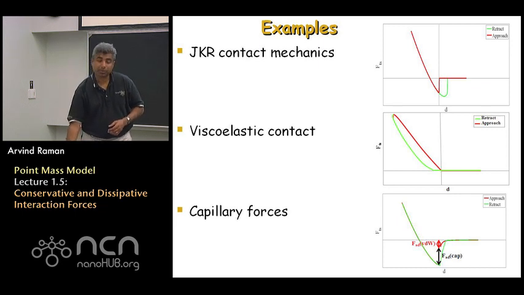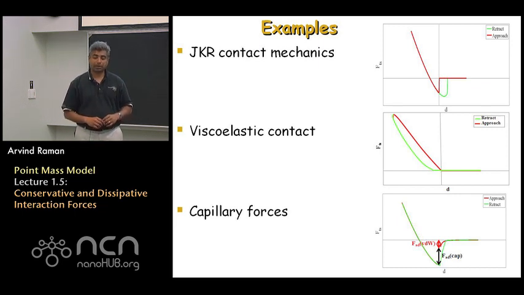Let me give you some examples that you have already seen through part 1 for non-conservative interaction forces. The first is the JKR contact mechanics model. The JKR model, as you discussed in part 1, is valid when you have tip-sample contact between a compliant sample and a highly adhesive tip.